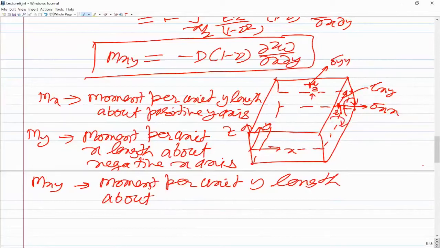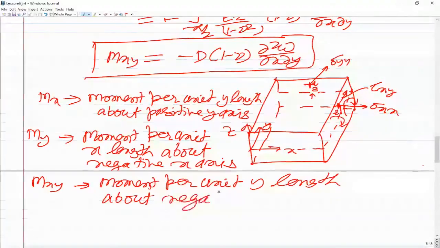So that is how it is a moment about the positive y-axis. So the moment per unit y length is about the negative x-axis. In the same way you can also have myx.